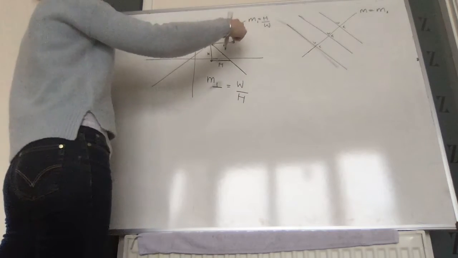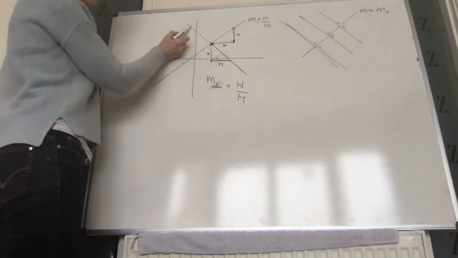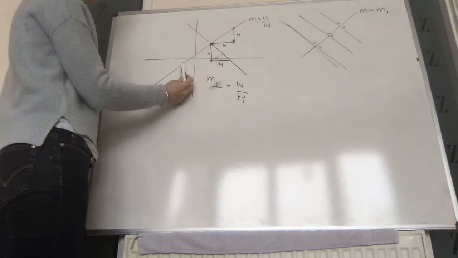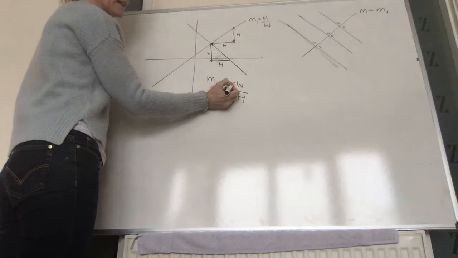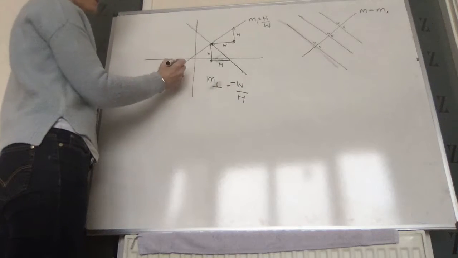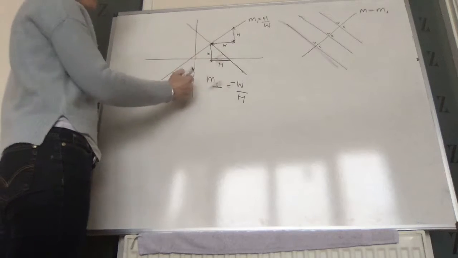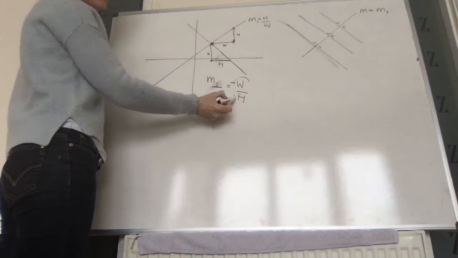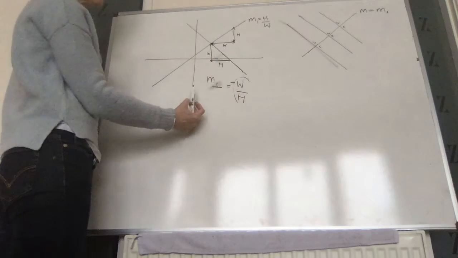So if two lines are perpendicular, there's another point actually, sorry, before I say that. This line here is going downwards as you go from left to right. So it also has a negative slope, because as you go from left to right, it is going downwards. Okay? So it has a minus slope. So there are two things that you should note between the two lines.